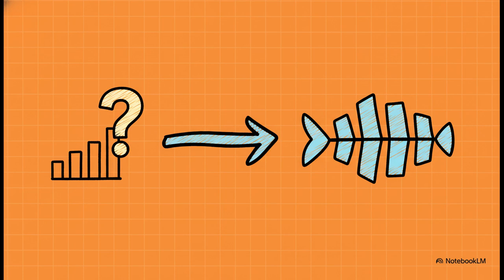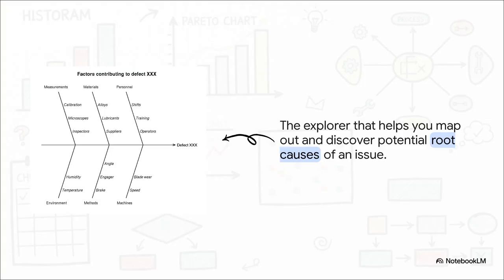Let's move on to our next tool, the cause and effect diagram. So once a Pareto chart helps you figure out what the biggest problem is, this tool helps you figure out why. You might have also heard it called the Ishikawa diagram or a fishbone diagram. See how it looks like a fish skeleton? The head is the problem itself, the effect. And the bones are all the different categories of potential causes, like people, machines, or materials.